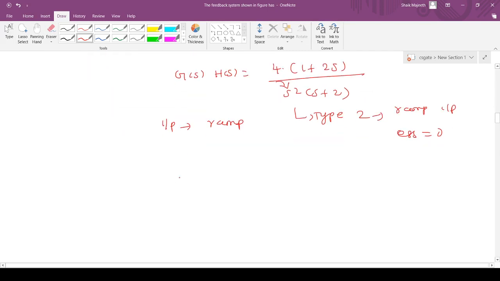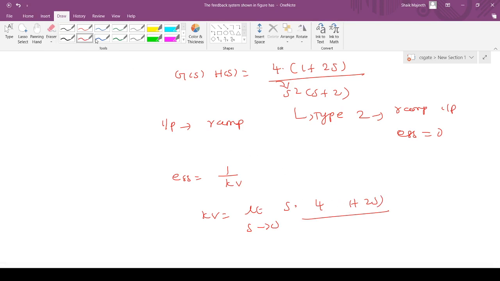Anyway, let us find it. What is the error due to the ramp input? 1 by Kv. So what is Kv? Kv is limit s tends to 0 of s into G(s) H(s), where G(s) H(s) is 4 into (1 plus 2s) divided by s squared into (s plus 2).